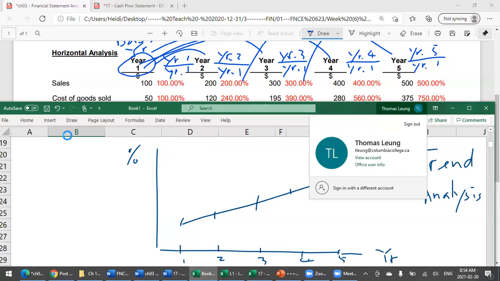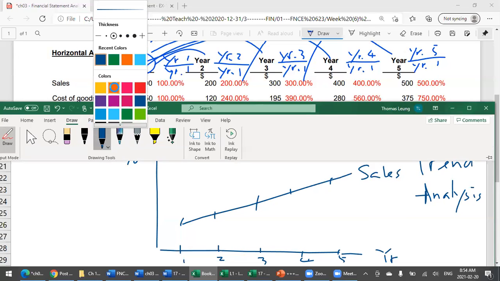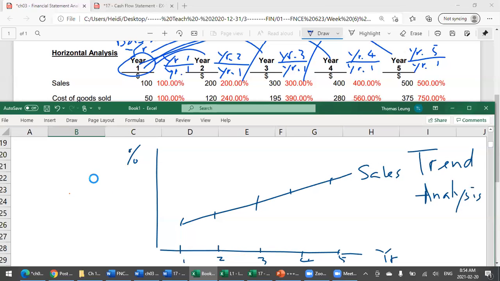Okay, let's try one more. Let's try the cost of goods sold. Now, for cost of goods sold, it also starts with 100%, right? And the next one is 240. 240 is more than 200, right? So therefore, my second one will be a little bit more than the sales.